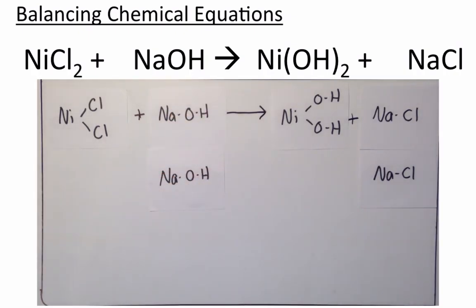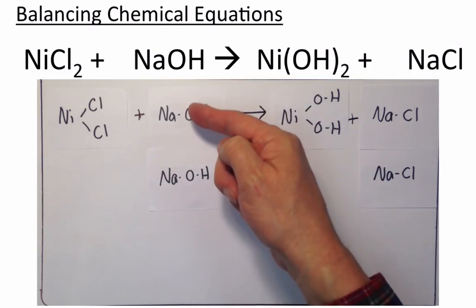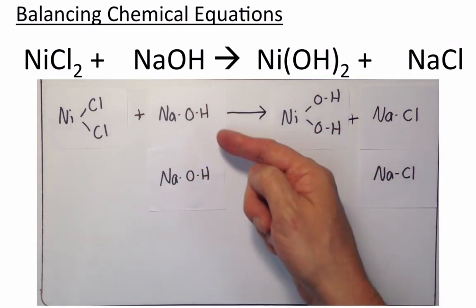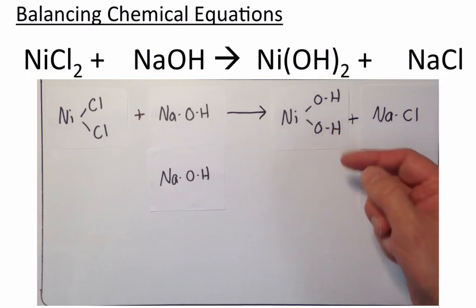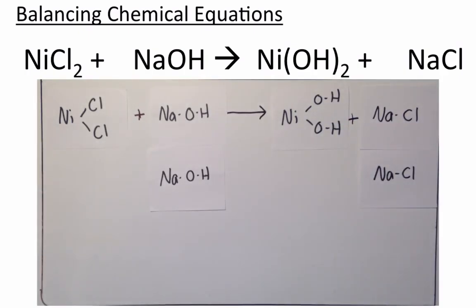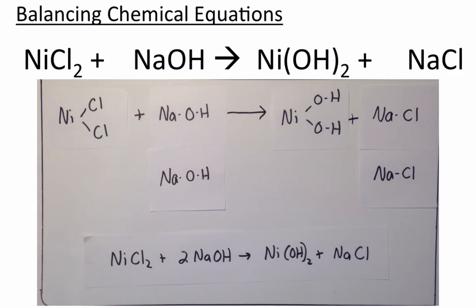So I add 2 sodiums. Now let's get to our oxygens. We have 2 oxygens, 2 oxygens, 2 hydrogens, 2 hydrogens. It is now balanced, and so my chemical formula is NiCl2 plus 2 NaOH yields NiOH2 plus NaCl.